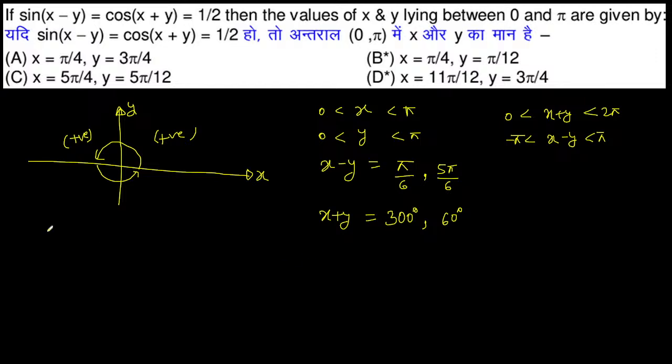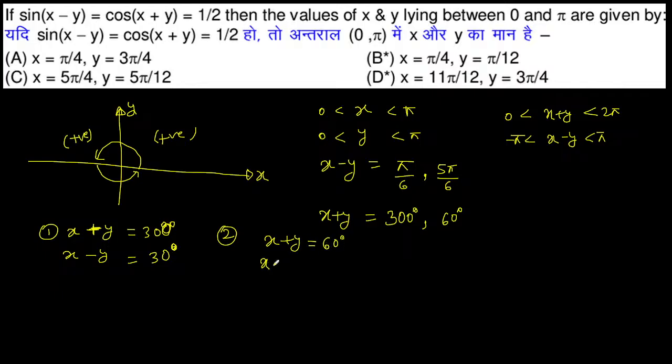Now we have one equation, x plus y equal to 300 degree, x minus y equal to 30 degree. Second, x plus y equal to 60 degree, x minus y equal to 30 degree.